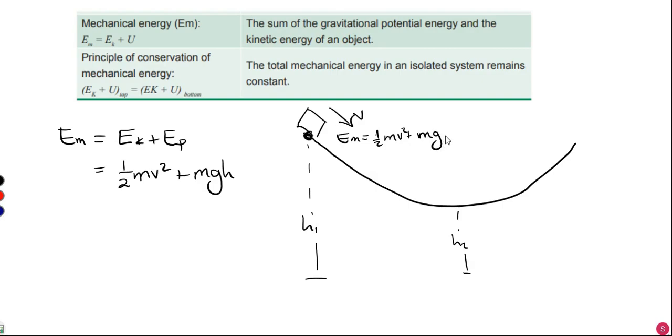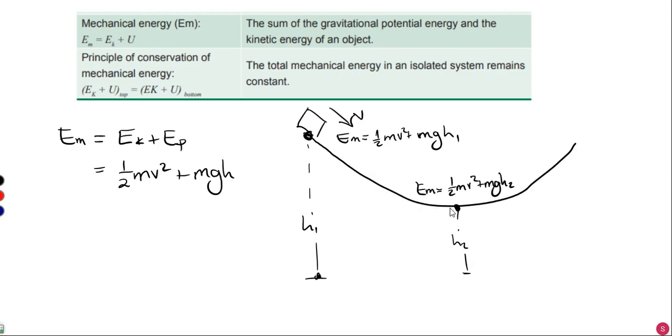Half mv squared plus mg, and what's the height? The height is height 1, since we're taking that as the reference point. And even at height 2, we still have mechanical energy. Remember, it's the sum of the two, half mv squared plus mg, but now it's h2. And then the object will have a certain velocity, because as it's sliding down the slope, it's gaining more energy, right?